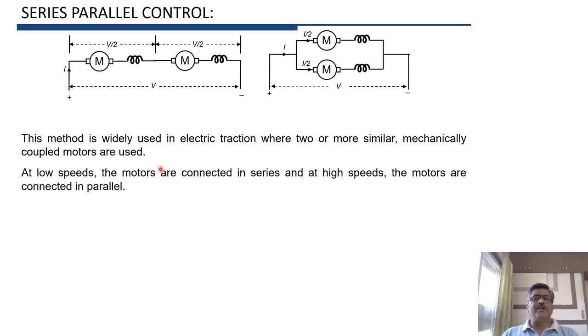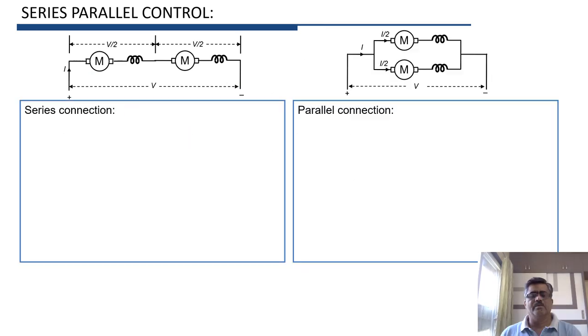When the speed is low, the motors are connected in series, whereas for high speeds, the motors are connected in parallel. Let us now see torque and speed in case of series and parallel connections.